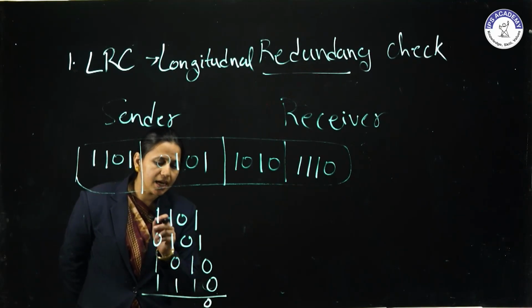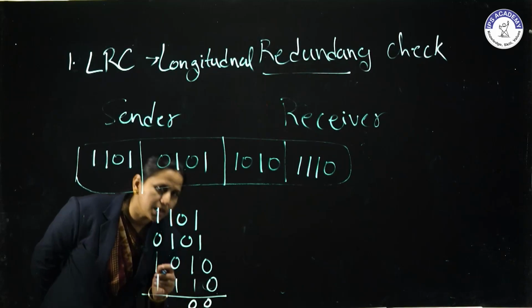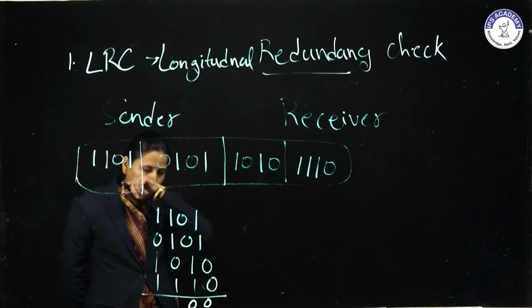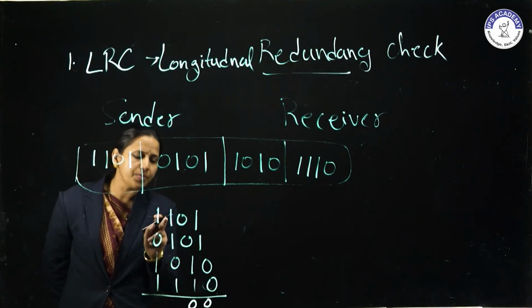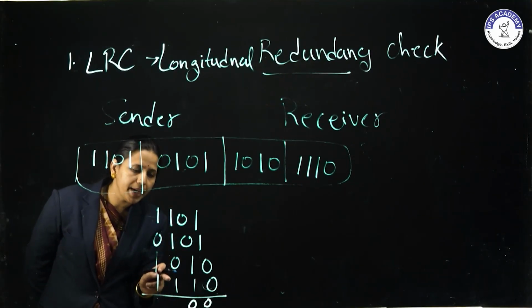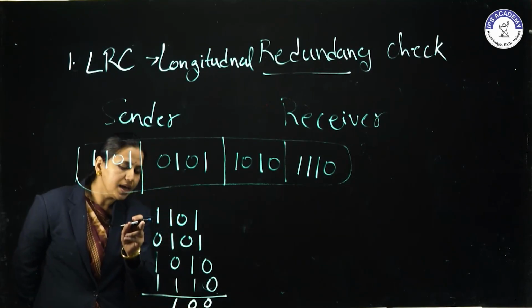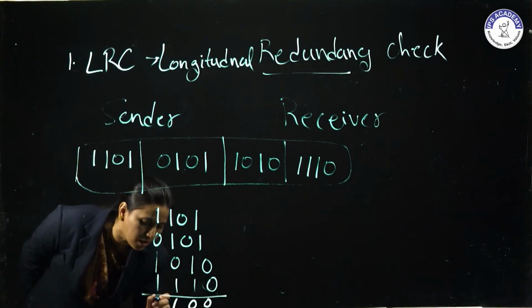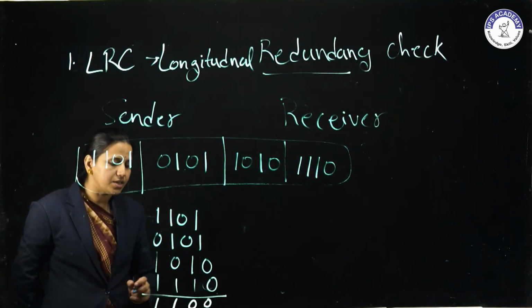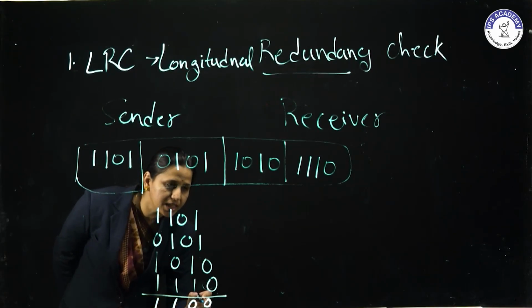In the second column there are also 2 ones, so the redundancy will be 0 on the basis of even parity. In the third column there are 3 ones, so to make it even we need to use a 1. In the last column there are also 3 ones, so we use a 1 to make it even. So now the LRC code is 1100.